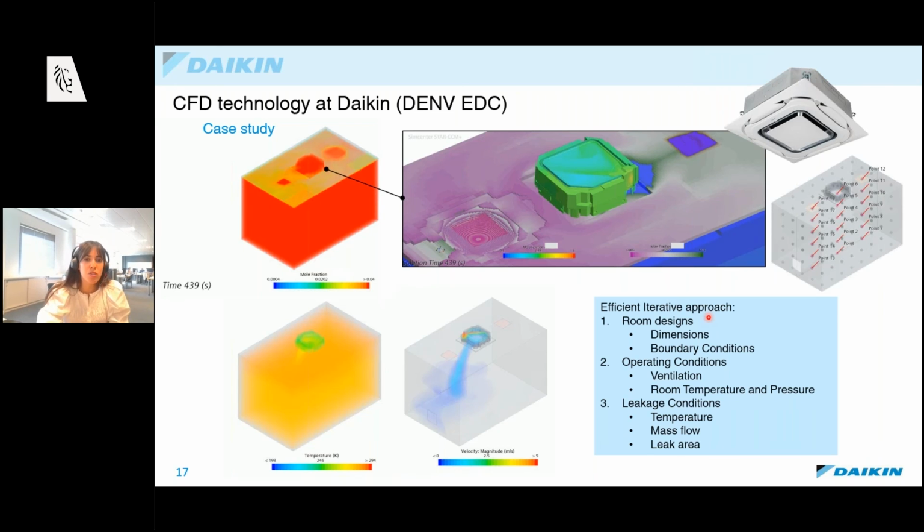So it's possible to create different cases, which, for this study, we ended up analyzing more than 10 cases, and each one of them was taking around 24 hours to simulate 10 minutes simulations. So very helpful for us.